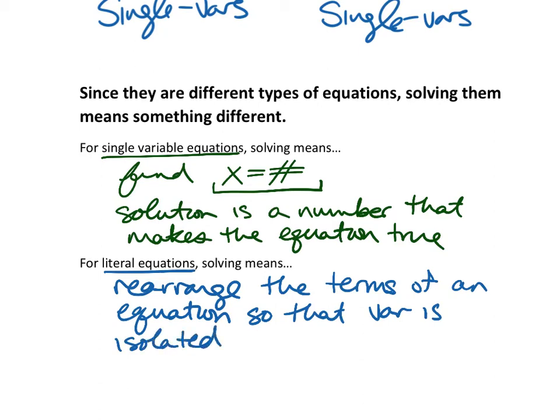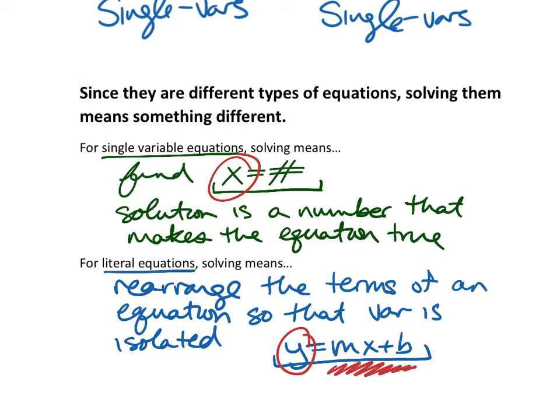In this case, you're not going to have y equals some number or x equals some number. You're going to have something like y equals mx plus b. The y is isolated. It is solved for y the same way that it is solved for x in a single variable equation. But with a literal equation, you're going to have 2 or 3 pieces of the equation that are still seen, as opposed to a single number.